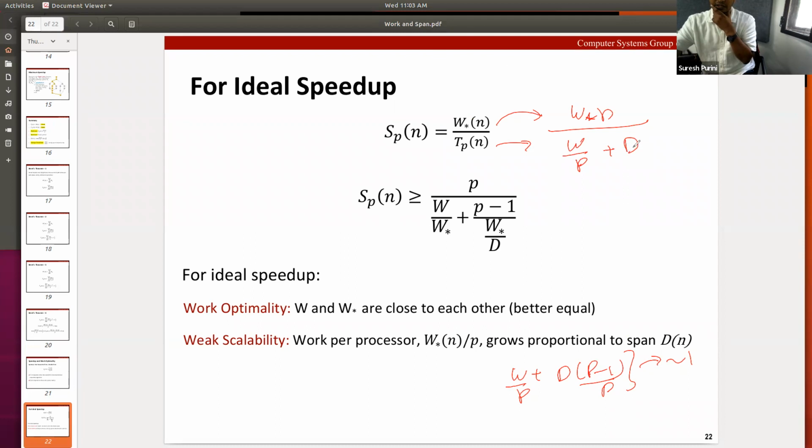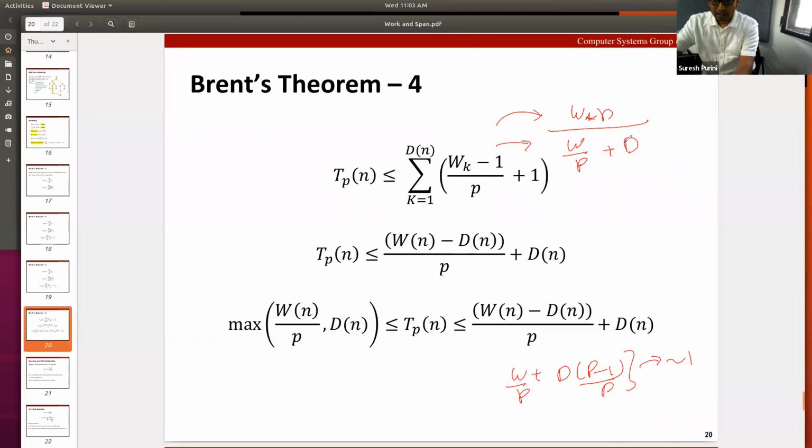Does this make sense? W star n. Is this simplification right?